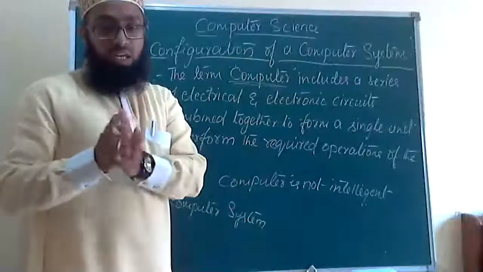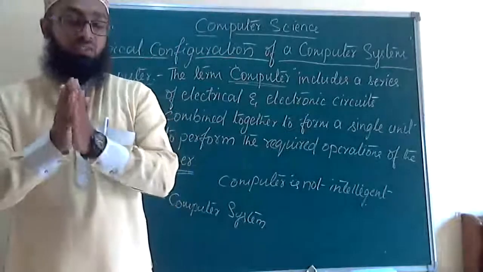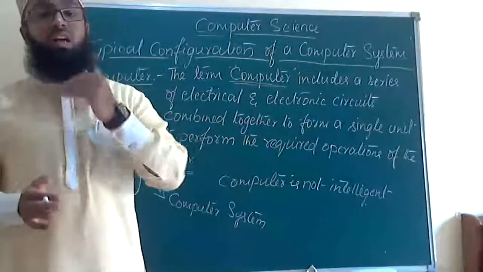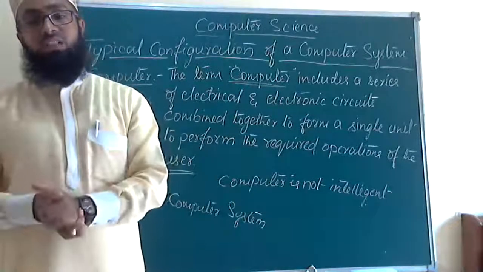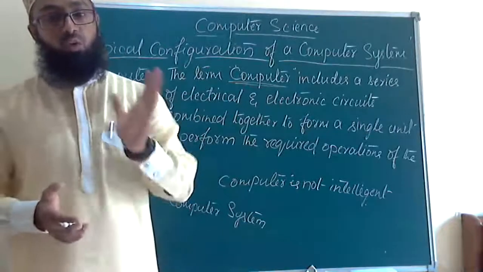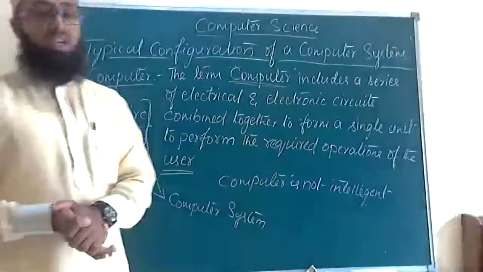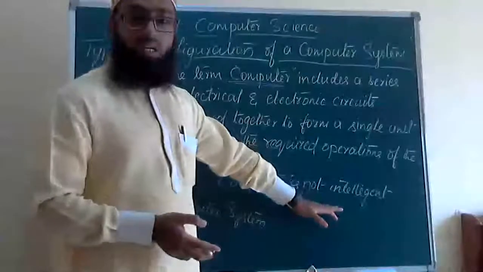It will start its operation. It will start to work. It will give its operations, functions, answers, and it will answer its queries. The queries which are asked by the users, the computer is going to answer. So by all these things, we have come to know that the computer is not at all intelligent.